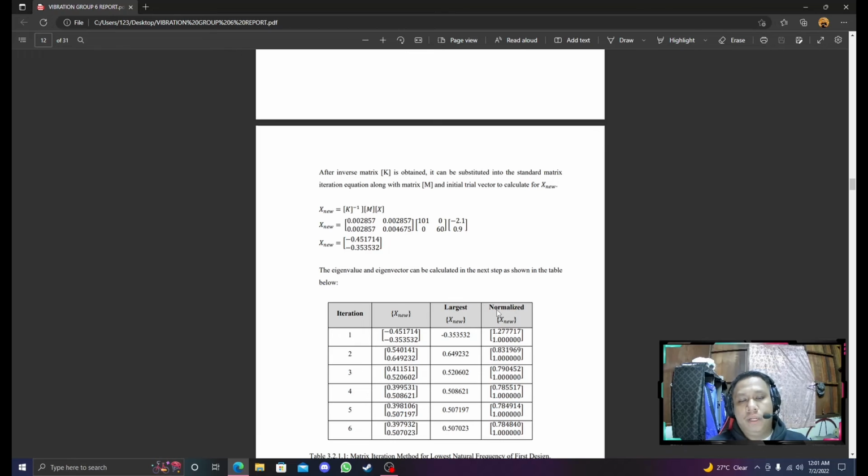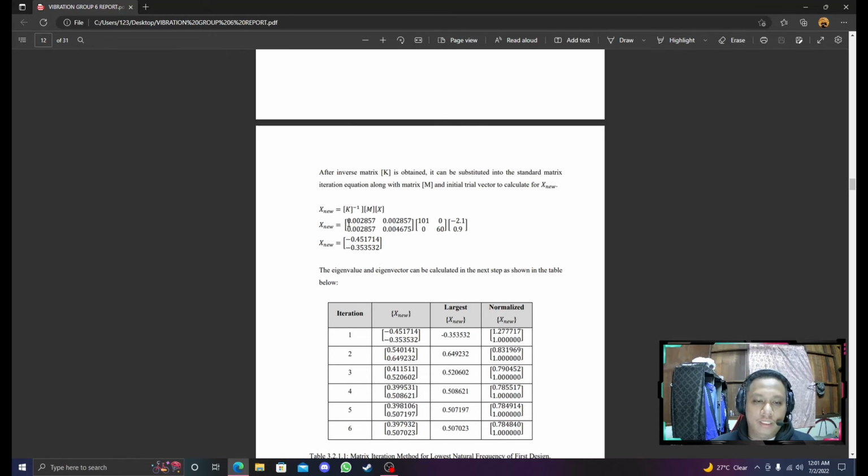After the inverse matrix is obtained, it can be substituted into the standard matrix iteration equation along with matrix M and the initial trial vector to calculate x new. This is for x new, K inverse, M, x.